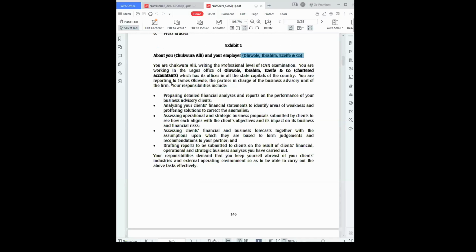Then they mention that you have the following responsibilities. The first one says that you will do financial analysis to report on the performance of your business advisory client.